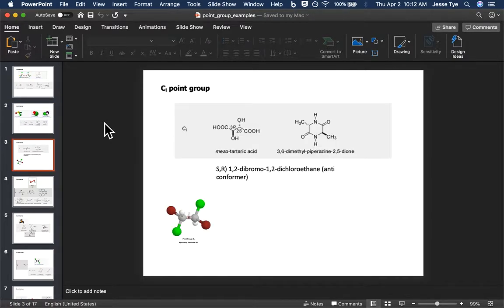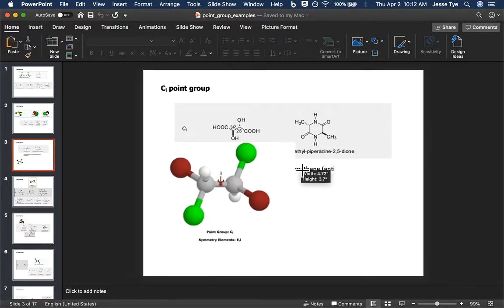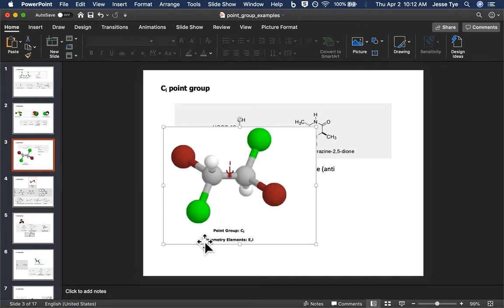It's also possible to have just inversion, and for these, this is going to be just one rotameric isomer, or one rotamer of the molecule. And so, for example, this structure here, I'll make it a little bit bigger. This has only an inversion center. So this is a chloride and a bromide and a hydrogen.